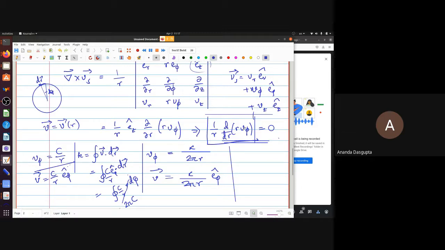Come on, there's a 1 by R in the front, right? Doesn't that tell you something?